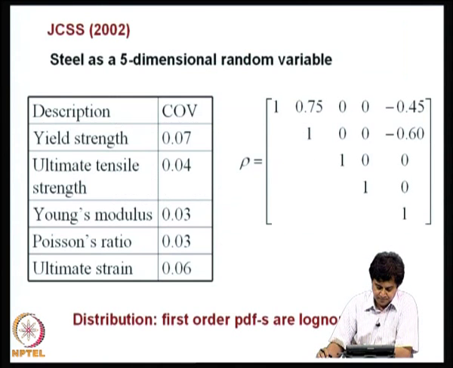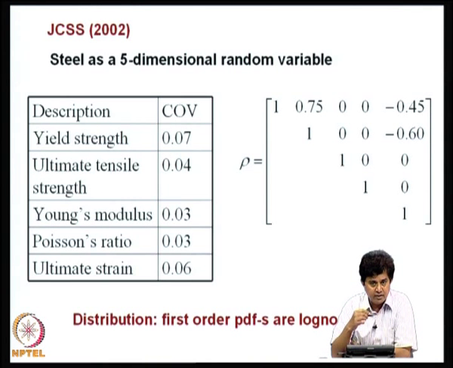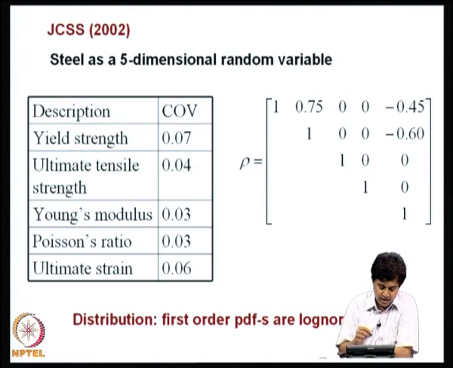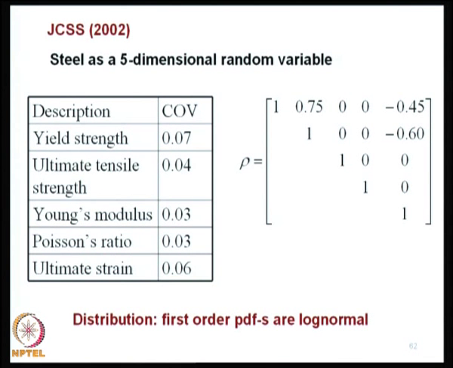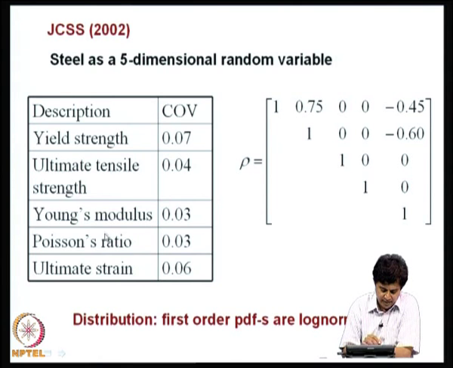For example, if you see the Joint Committee on Structural Safety, there is a document which has attempted to provide certain canonical distributions for properties of construction material. If you look at the properties of steel, according to this document, for the 5 variables of steel as a material, namely yield strength, ultimate tensile strength, Young's modulus, Poisson's ratio and ultimate strain, the coefficient of variation is specified.